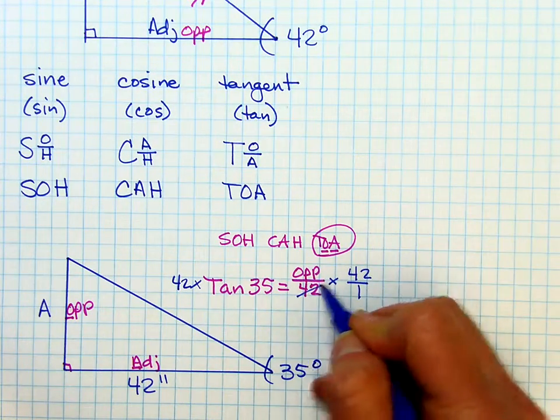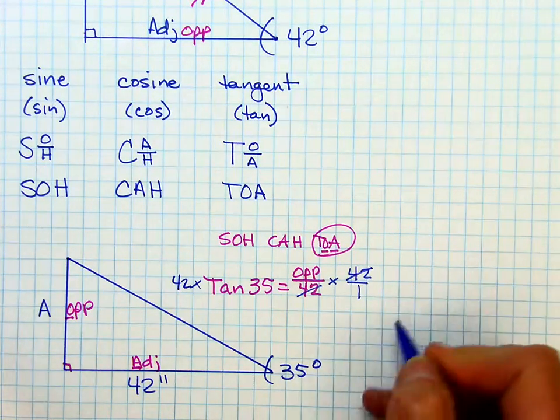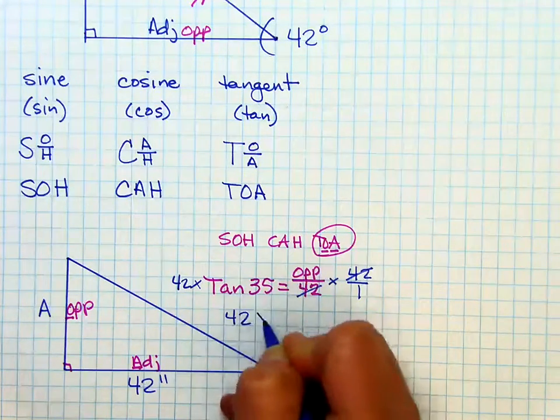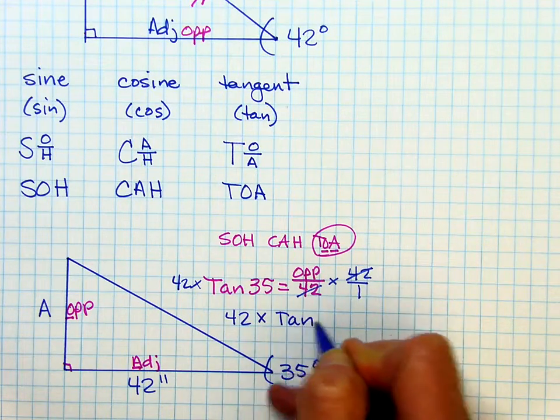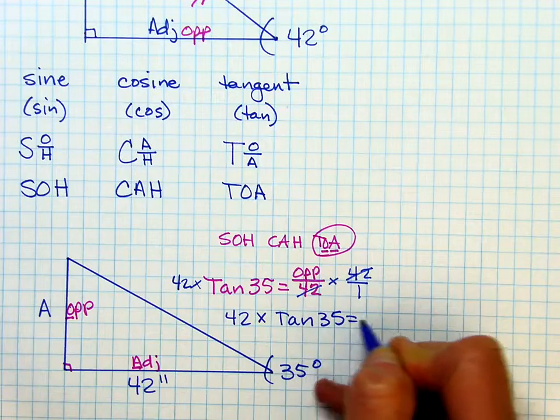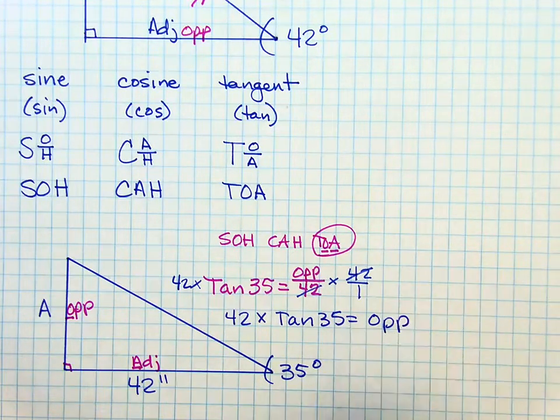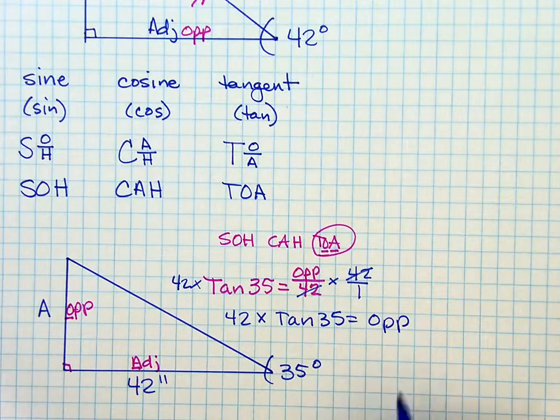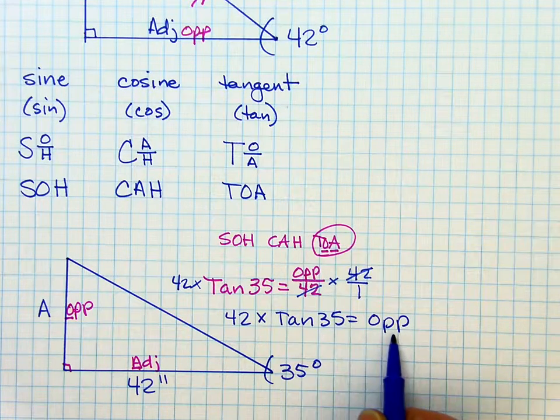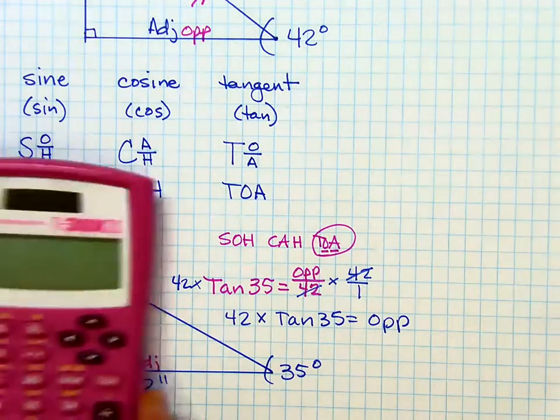Okay, so this cancels, that cancels. I can rewrite it as 42 times tan 35 equals opposite. Notice my unknown variable is isolated on one side of the equal sign. Now, once that's the case, I can get my calculator and plug it in.